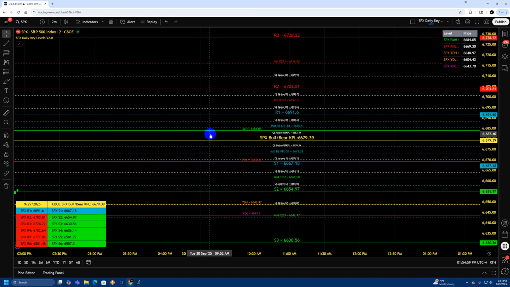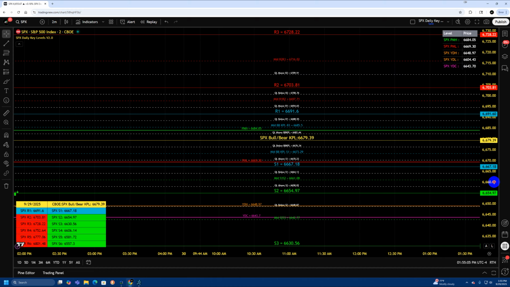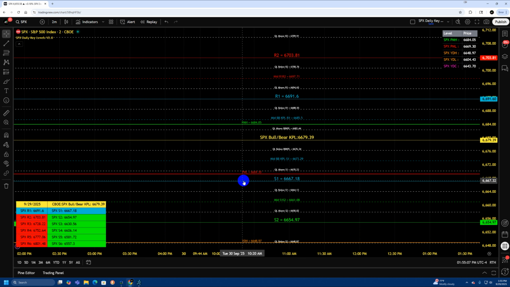So for example, if price is coming down to S1 and bouncing off of S1, and you want to take a bullish trade off of S1, then your tight stop loss on a bullish trade is the first QL below S1, because S1 is the level that you're taking the trade off of. And the standard stop loss would be the first midpoint below S1, which would be mid S1, S2.